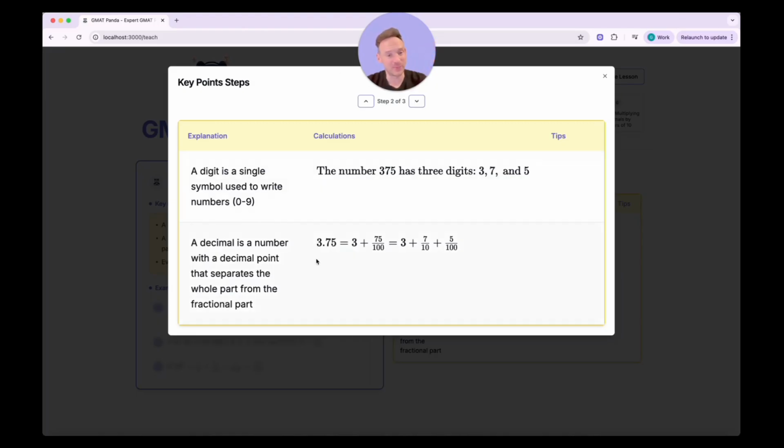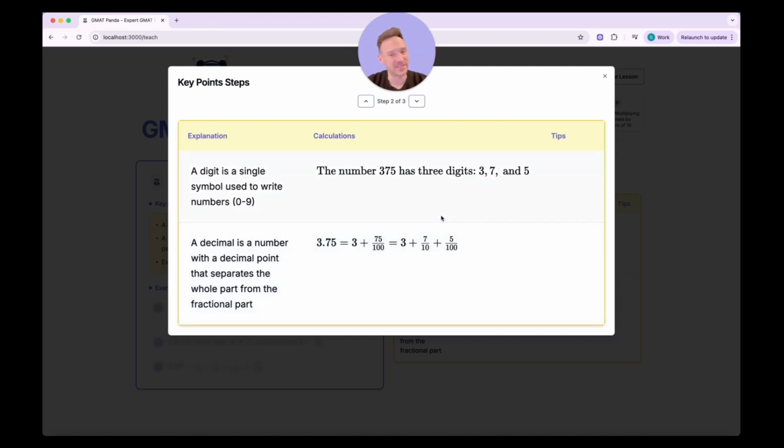So a decimal is, for example, 3.75, and it is a number that contains a whole part. So in this case, the 3. So 3 would be a round number on its own. And a fractional part, which in this case is the 0.75 bit.